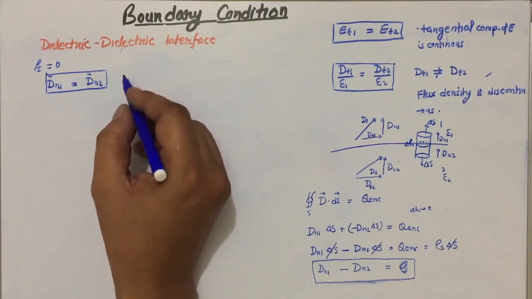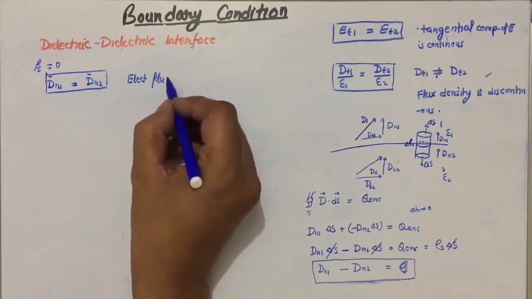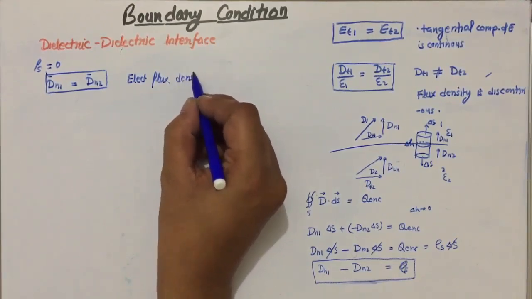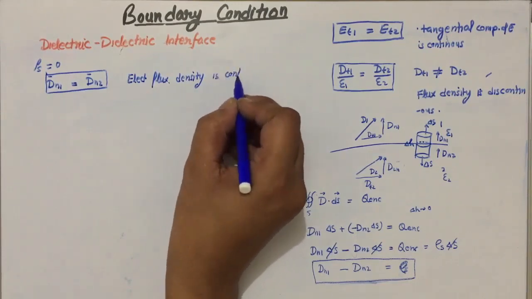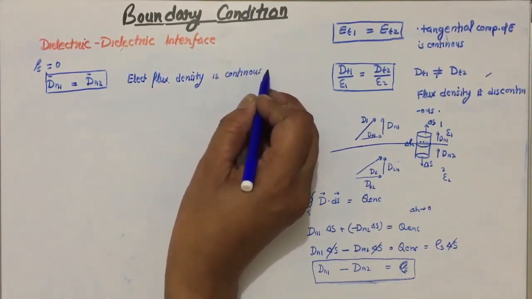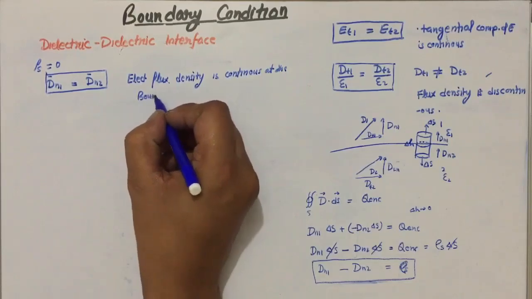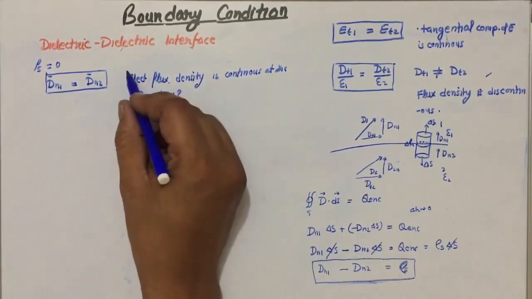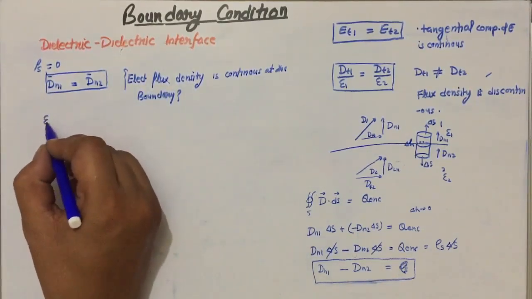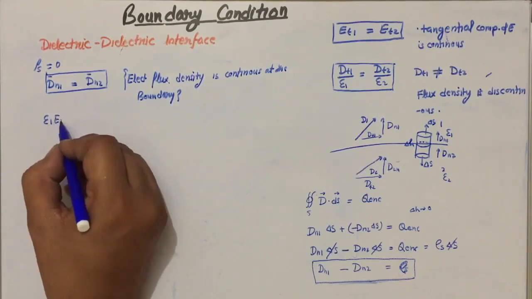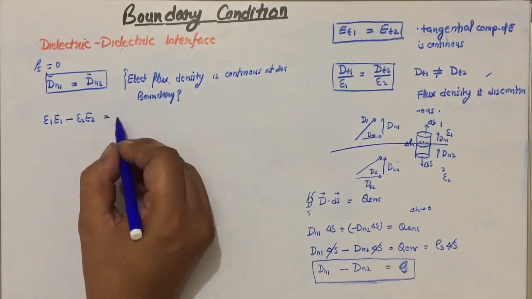So we can say the electric flux density normal component is continuous at the boundary. And from here we can write epsilon 1 E1 minus epsilon 2 E2 is equal to rho s.